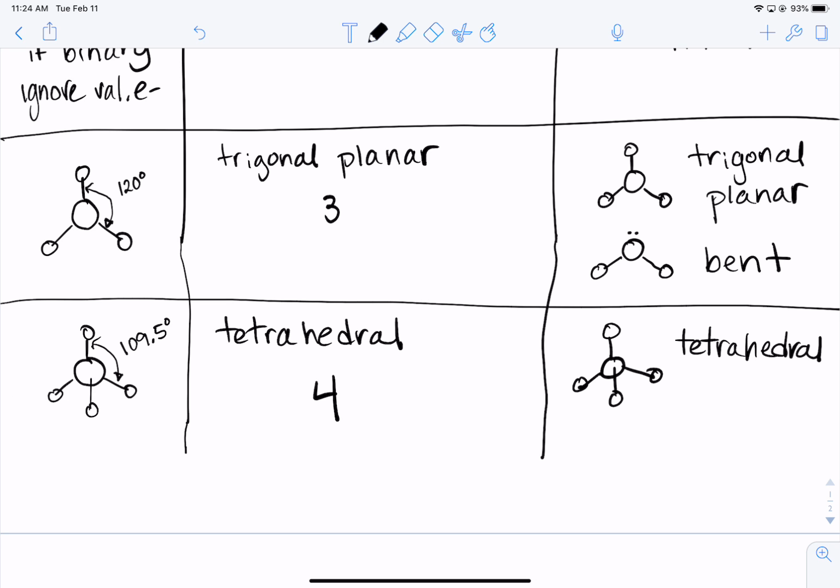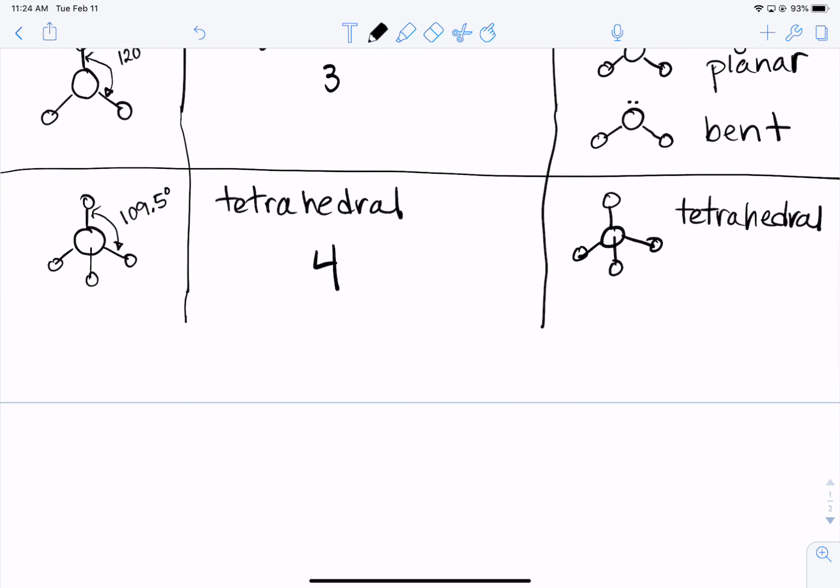It's almost like a pyramid. If you put it on a flat surface, the black one is not touching the three white ones. So it's uplifted just a tad. So if it looks like this, it's got one lone pair, it's trigonal pyramidal.